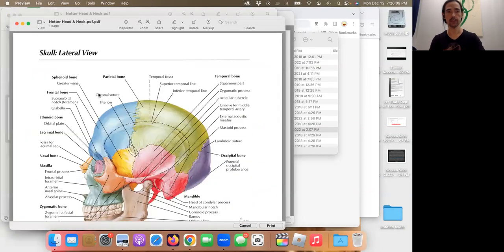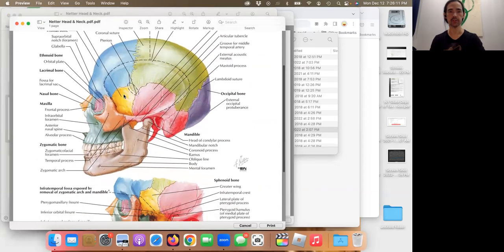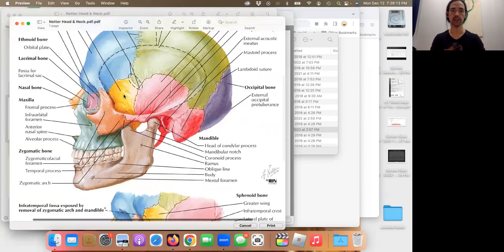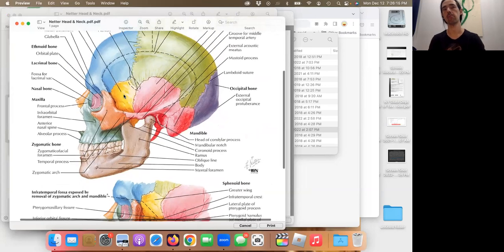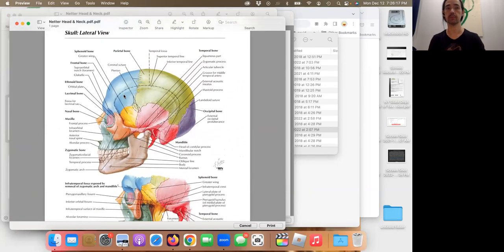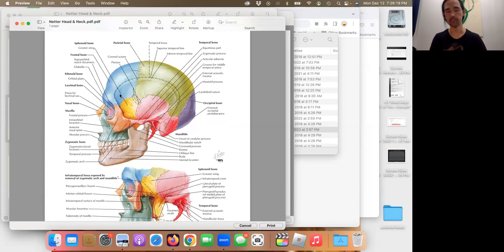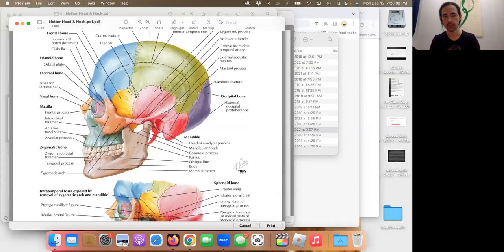Okay, quickly, let's look at the bones of the skull and the joints of the skull and the upper neck. We won't spend a lot of time on this because we don't have a lot of time. So frontal bone, parietal bone, occipital bone. This is the temporal bone.